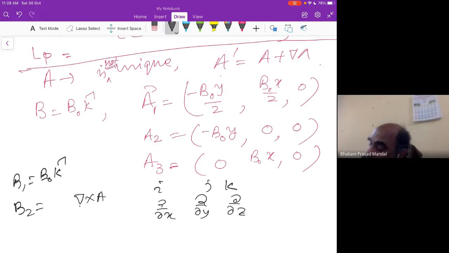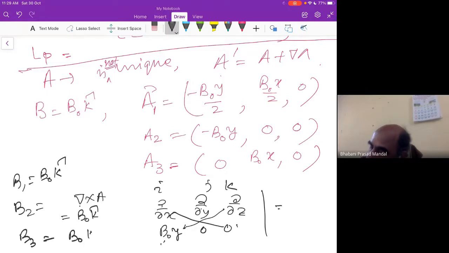Now A2 has only minus B0 y in the x component. If I calculate the i component, this is 0. The j component is again 0. Now the k component, the derivative will act on this and give a non-zero value, and there is a minus sign, so B2 also will be B0 k. Similarly, B3 you can calculate, and you get B0 k.